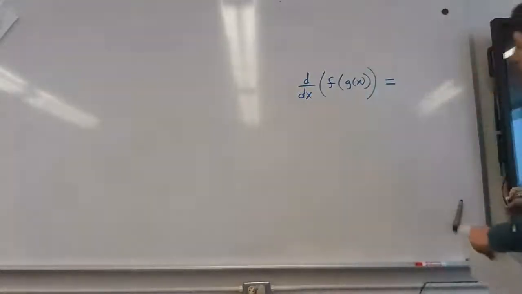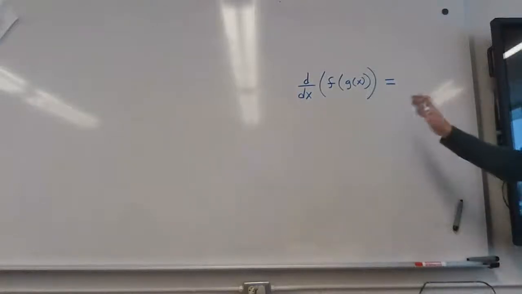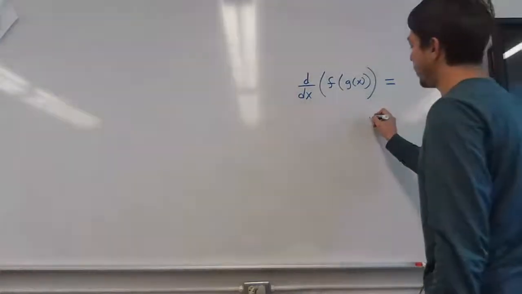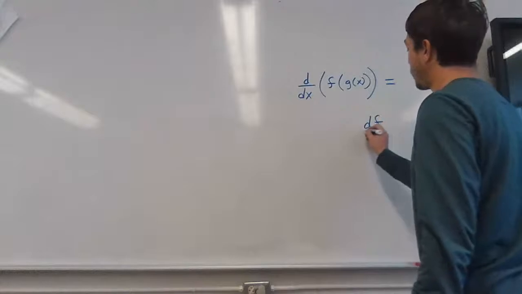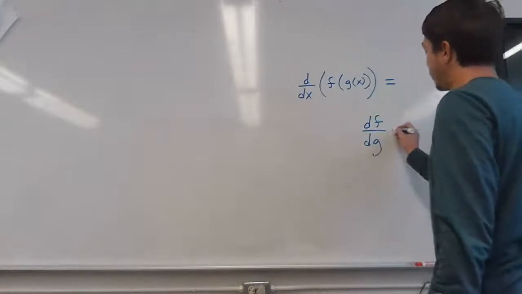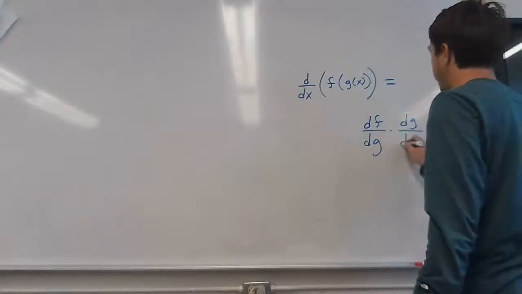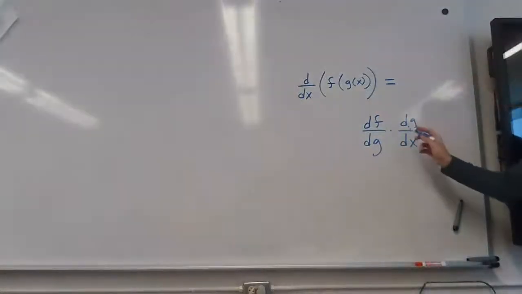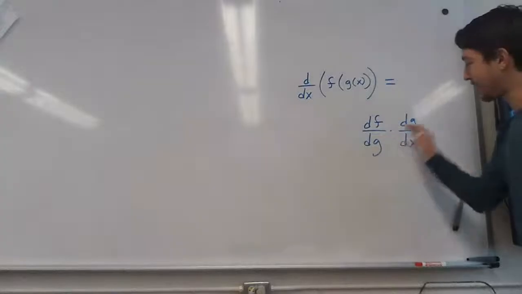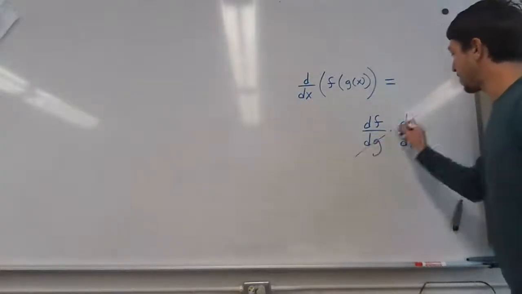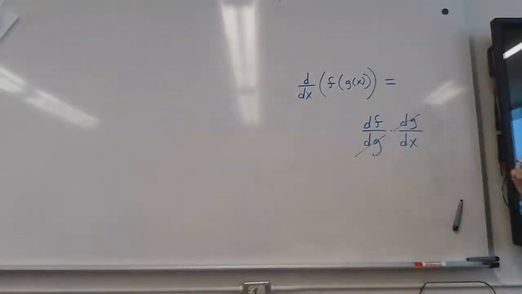Here's where the first one actually makes a lot of sense. The derivative of F with respect to G times the derivative of G with respect to X. Now this is kind of hand wavy, but that's some cancelly bobancelly. That's always nice. It's not rigorous, but it's close to rigorous.